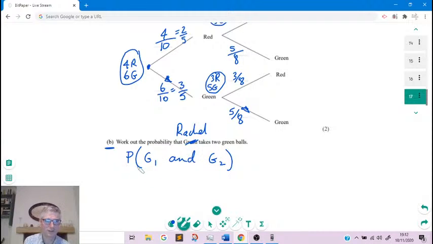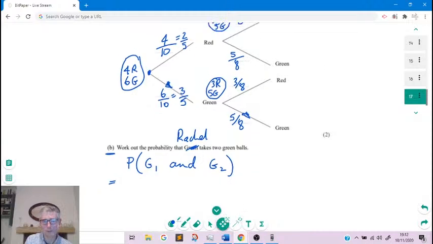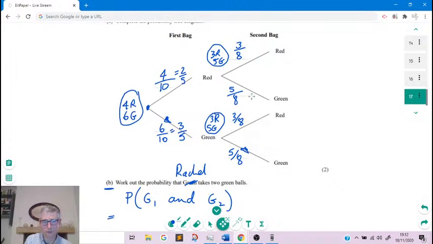It's quite useful to write it down using this notation because it saves a lot of writing. Instead of writing out the probability that you've got a green, it's much easier to just write P and then a bracket for what you're saying is happening. And we're going to use the same idea as before because these are independent events, which means that whether I get red or green from the first bag doesn't affect the probabilities of getting red or green from the second bag.